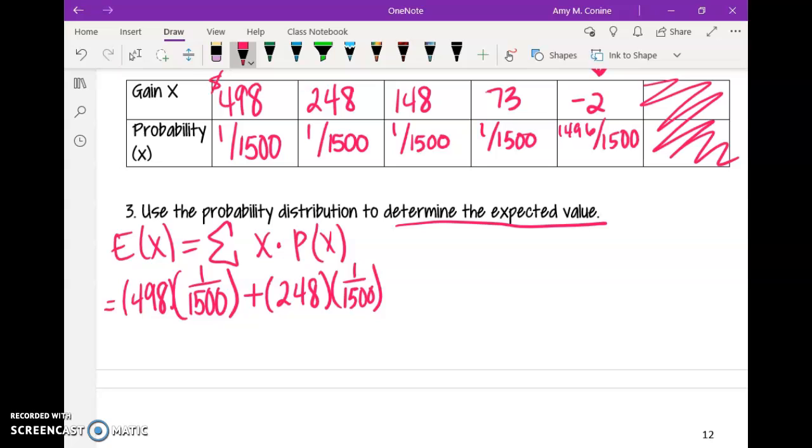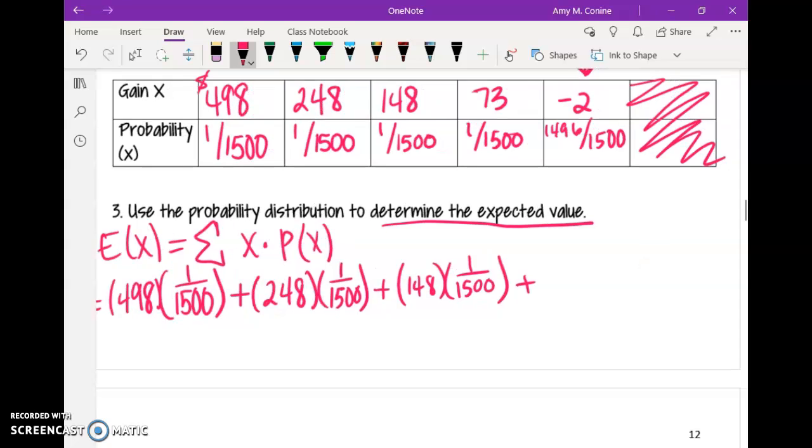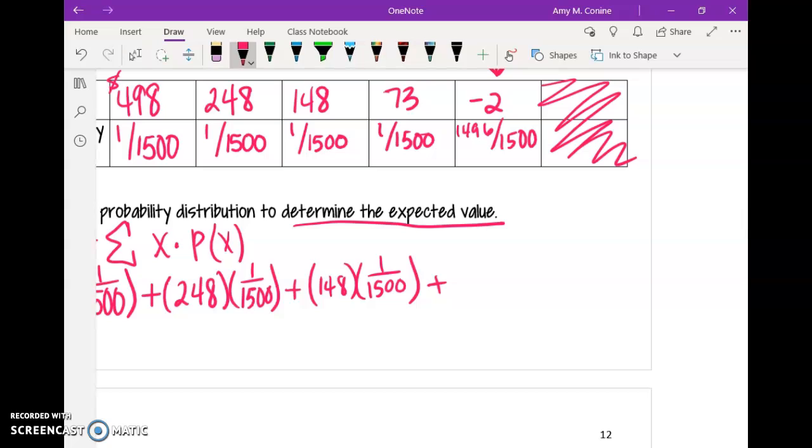And we're going to do that for each one. Okay, so 148 times 1 over 1,500. And then we're going to do the same thing for 73. So the $73 prize, 1 over 1,500.